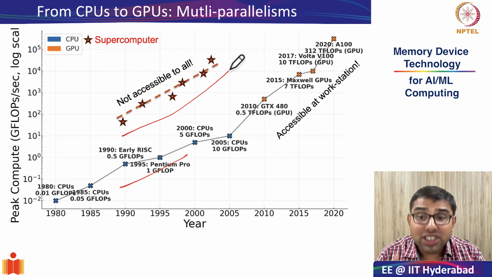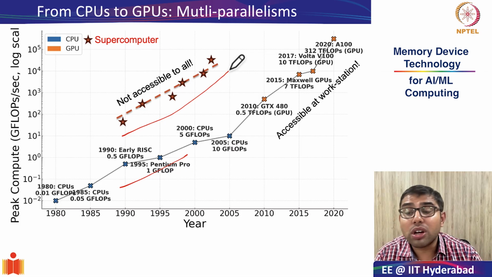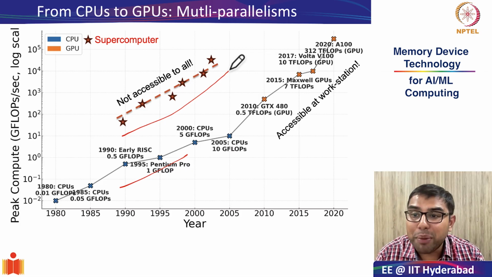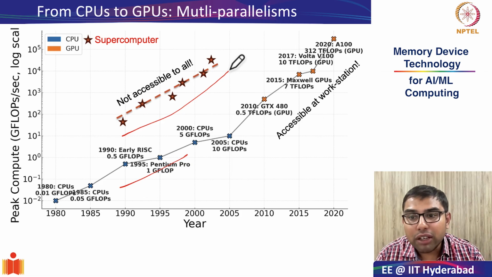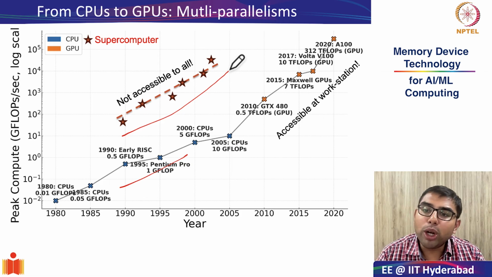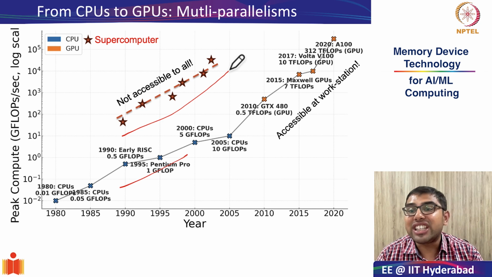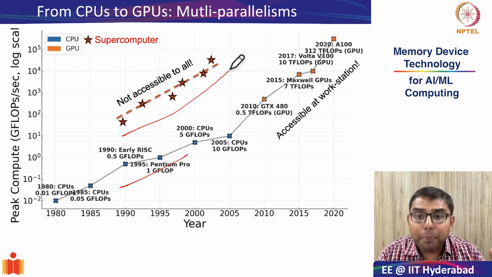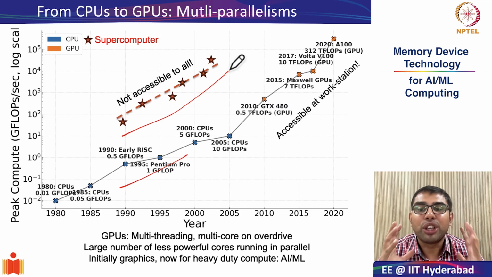But please recognize that the accessibility of supercomputers is not for everybody. These machines are very rare, they are expensive, and only available to the biggest companies or to governmental or research labs. The big breakthrough then came with graphic processor units or GPUs.